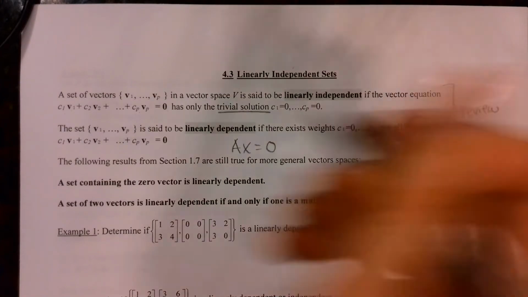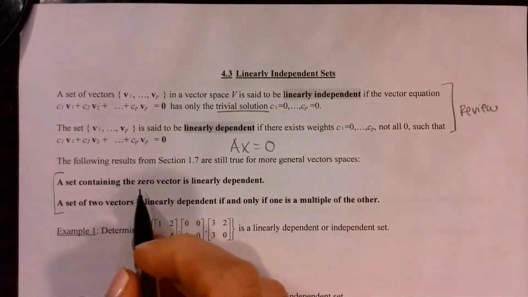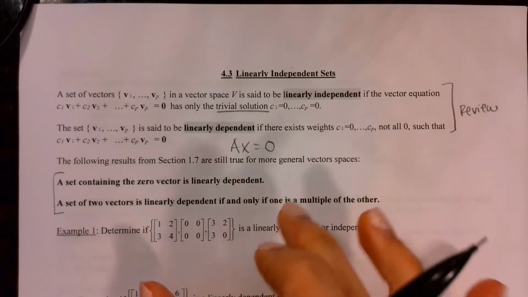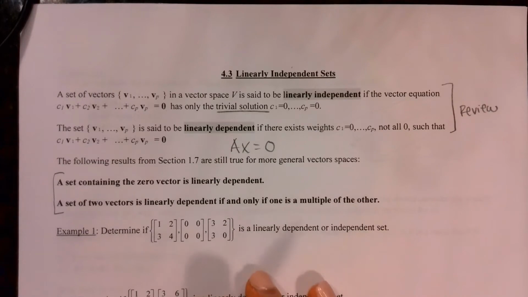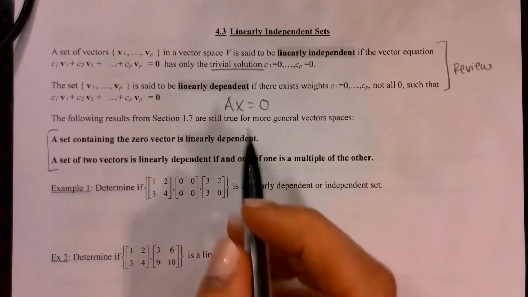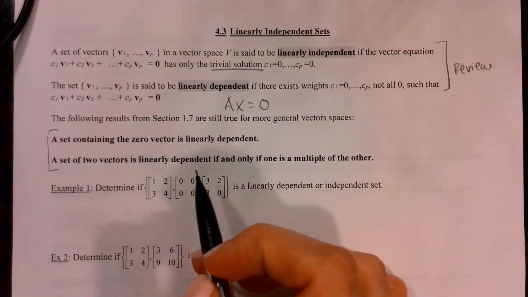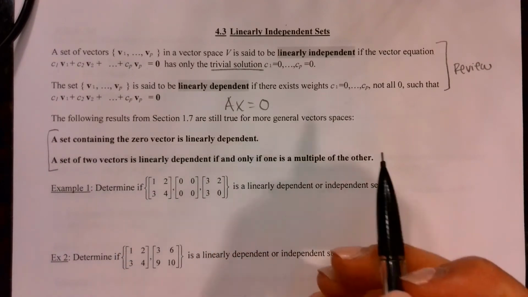Other things that are more review. A set that contains the zero vector is automatically linearly dependent. And a set of two vectors is linearly dependent if one is a multiple of the other.